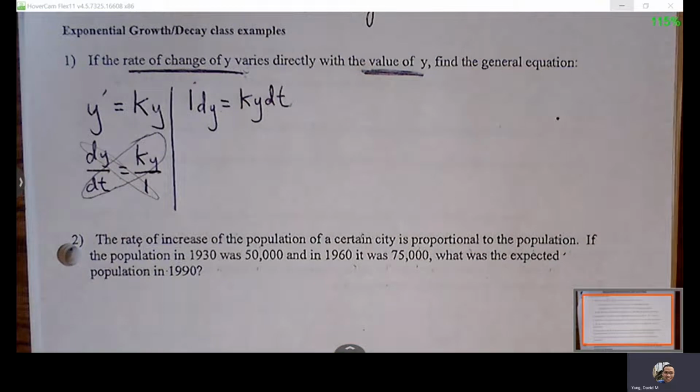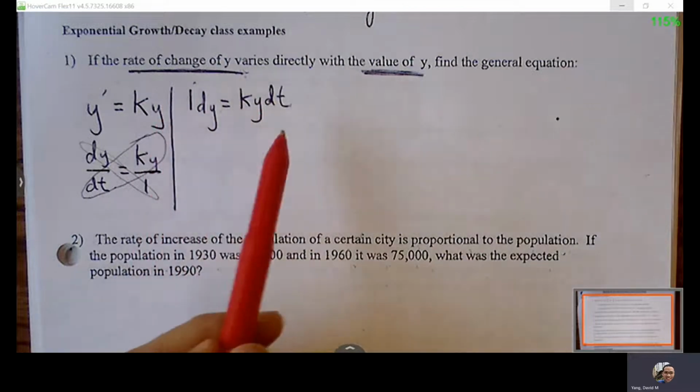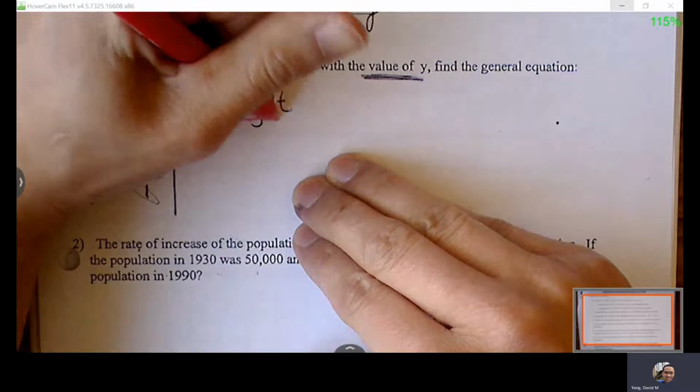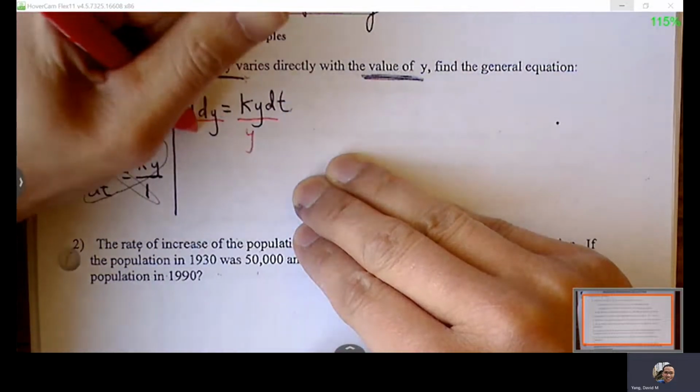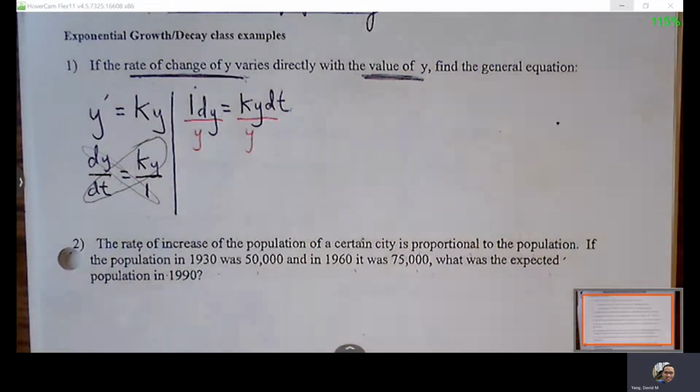Is there anything still out of place? It's that y. We want that y to be over on the left side with the dy, and how do we get it there? Divide. When you divide by something, it's usually going to end up in the denominator. So it's okay to have that y in the denominator if algebraically that's where it tells us to go.